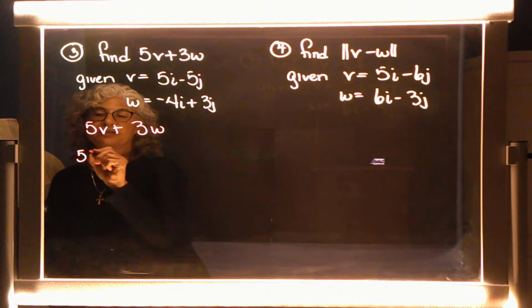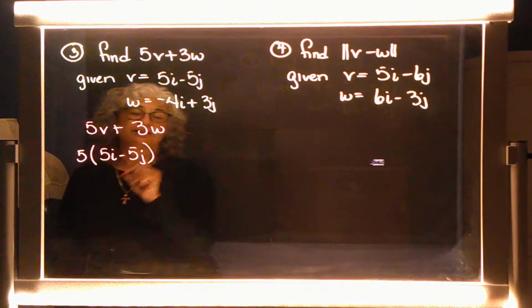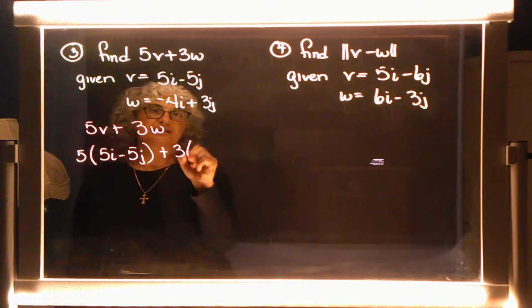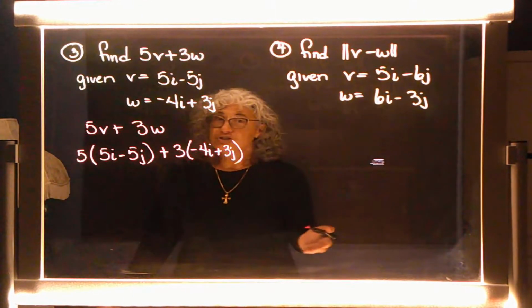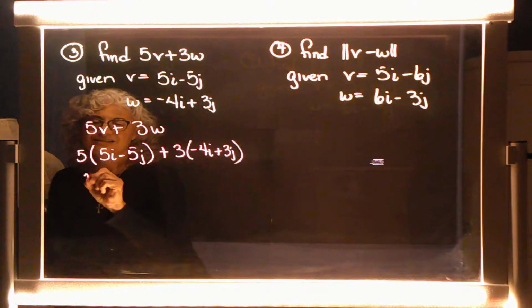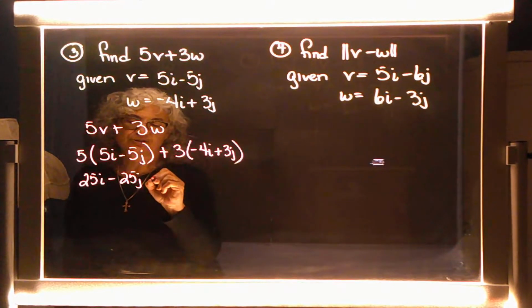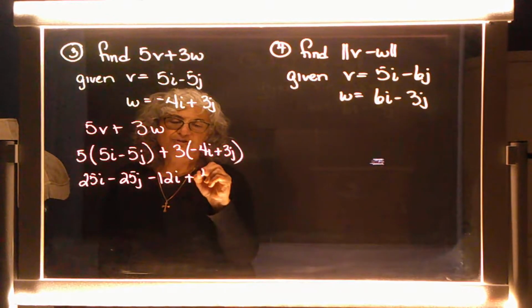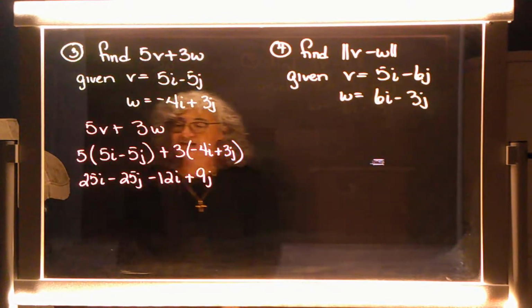Yeah, we know v. So I'm going to do 5 times 5i minus 5j. And don't I know w? Cool. Plus 3 times negative 4i plus 3j. And now it's just a distribution problem, right? Excellent. As I said, let's not overthink this too much. Just because we're dealing with vectors doesn't mean that the process that I'm doing, which we have done almost forever and a day, is going to change.